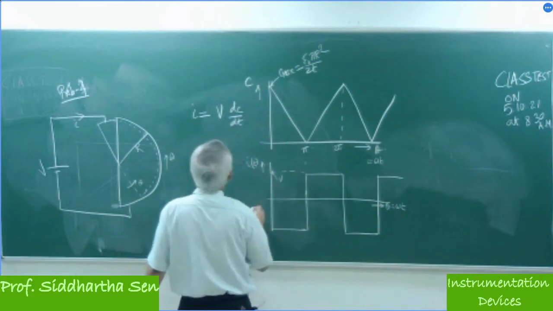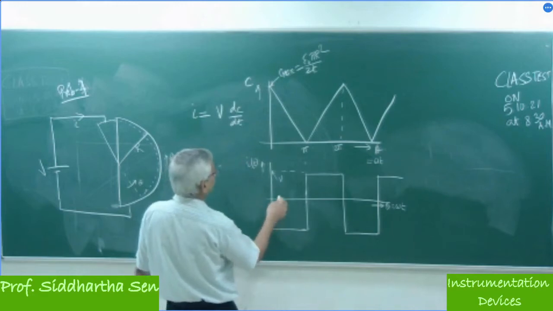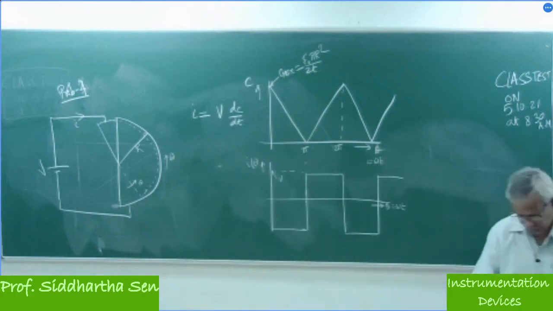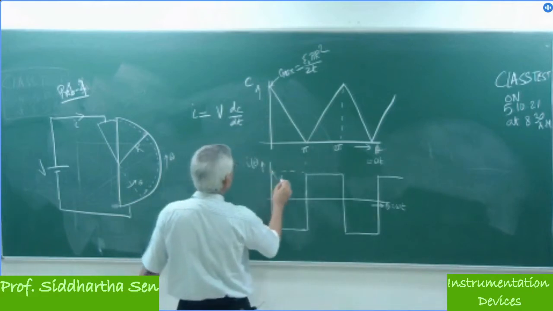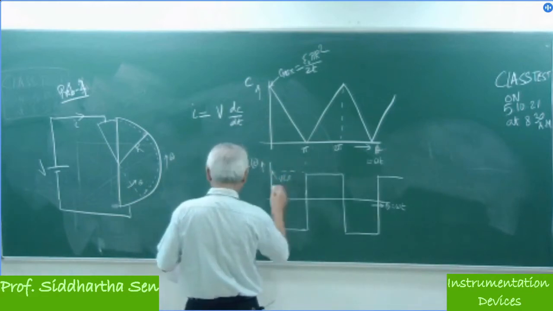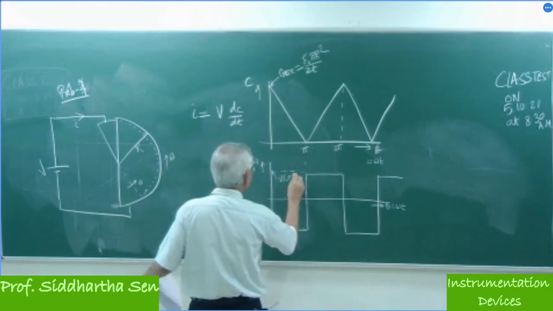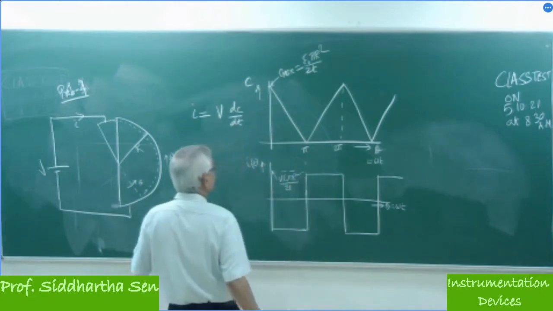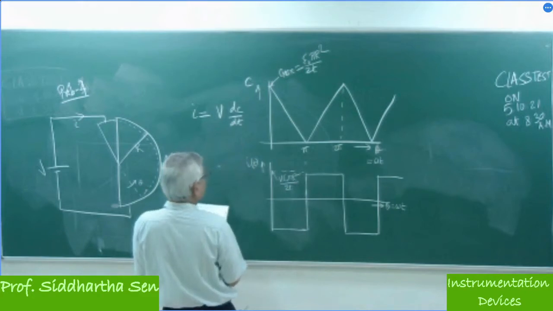The value will be V into epsilon 0 pi r square divided by 2t. Is it correct?